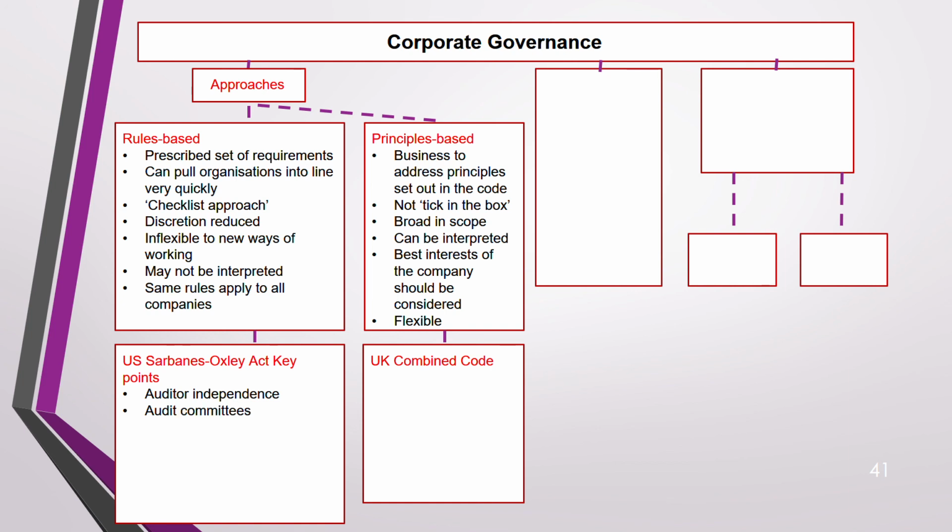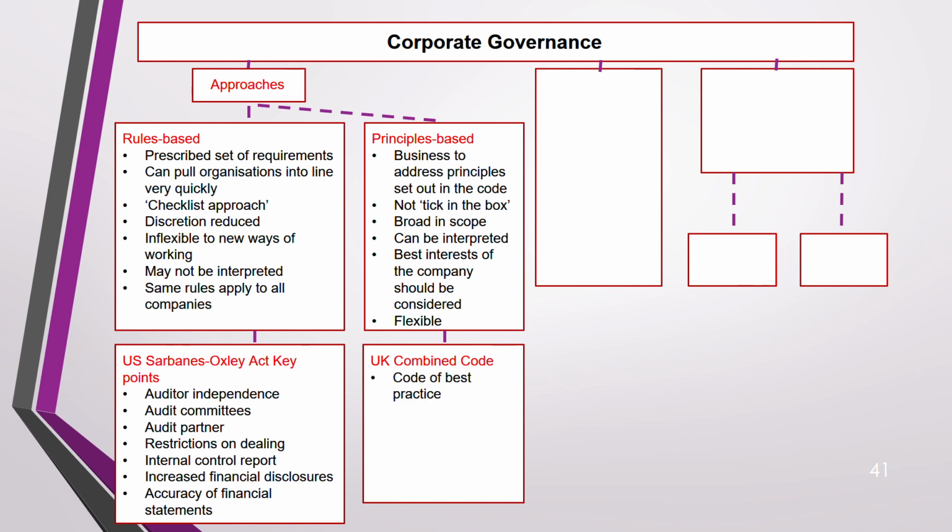Audit committees you need to set up, otherwise you cannot trade. The audit partner again needs to change, and they cannot give non-audit services to the audit client. Restrictions on dealing: directors are prohibited from dealing in shares at certain sensitive times. An internal control report has to be given alongside the annual report. Increased financial disclosure regarding off-balance sheet financing. Accuracy of financial statements: you have to make sure that it is checked by the CEO and the CFO.